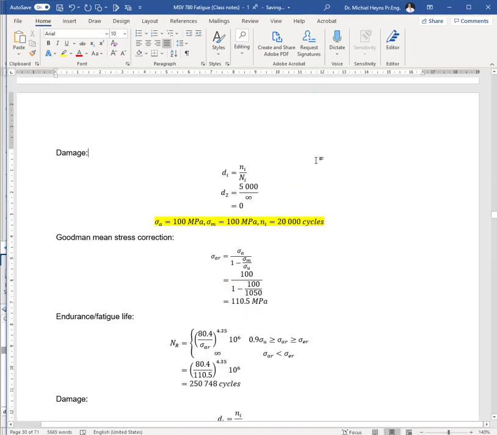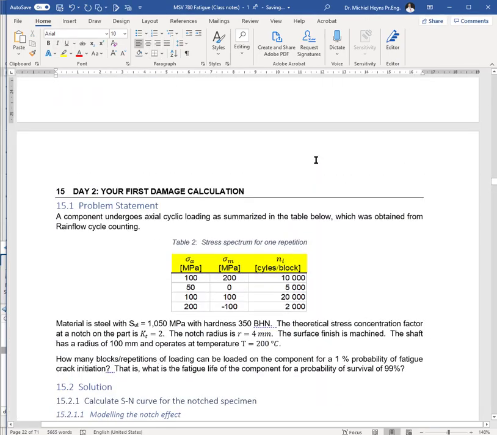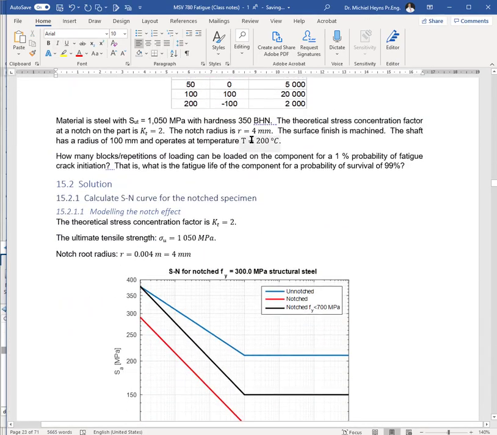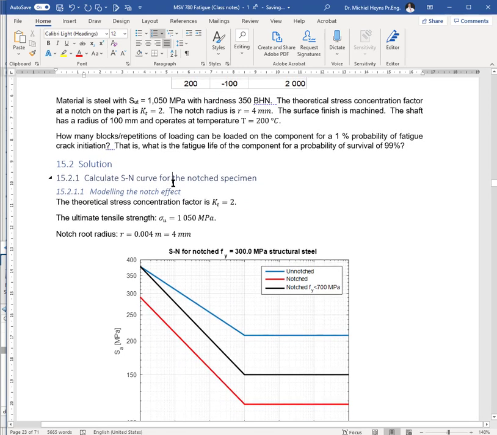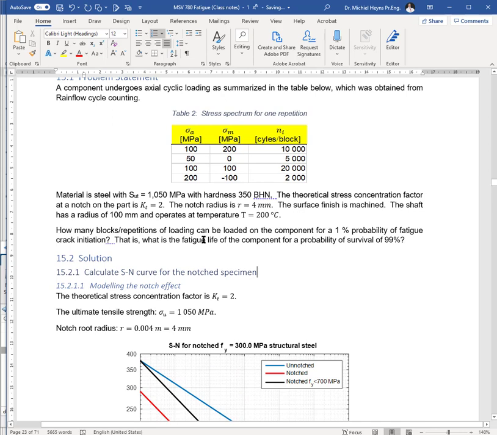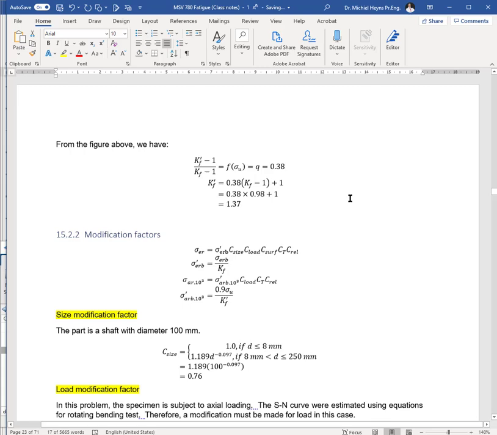What was the question of this problem? The question was as follows. That was the problem statement. Then in our solution, we calculated the SN curve for the notched specimen, and they wanted to know the fatigue life of the component for a probability of survival of 99%. Here we went through the whole process.